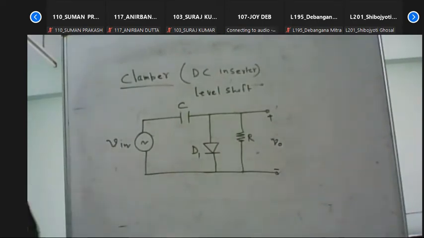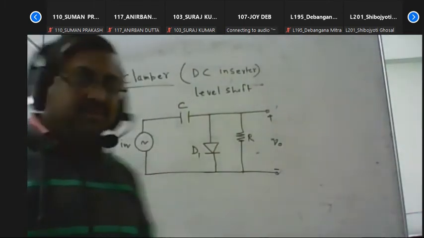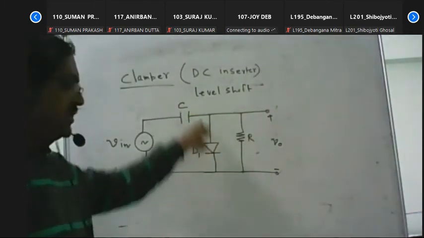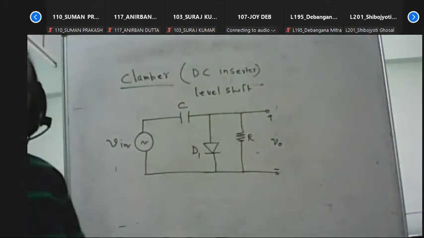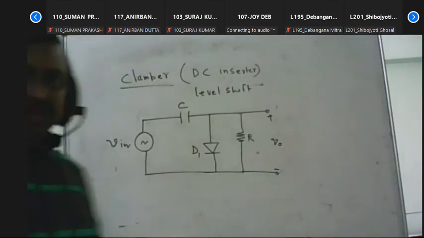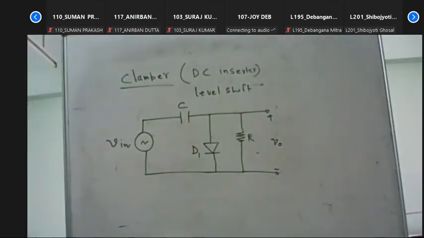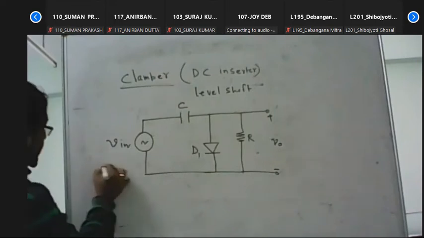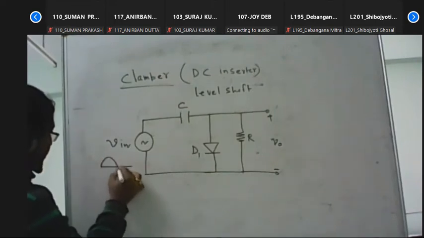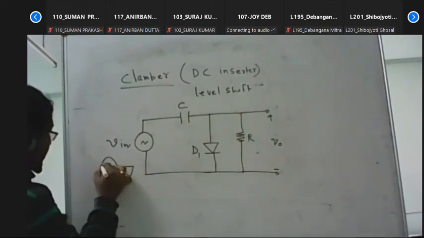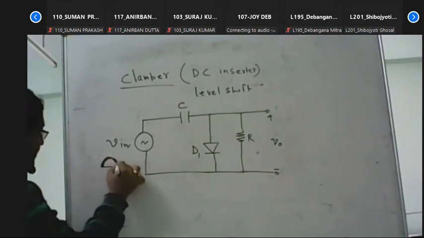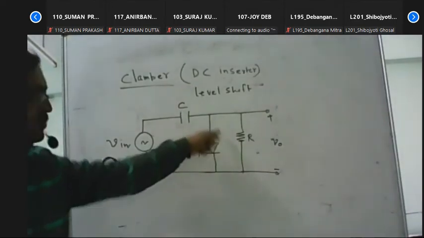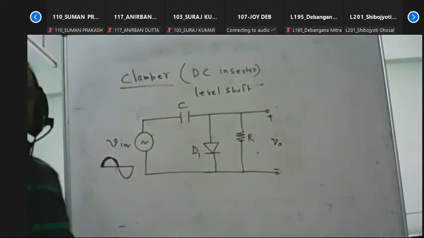Initially, for the positive half cycle of the input signal, we can easily say that diode D1 is in forward bias condition.